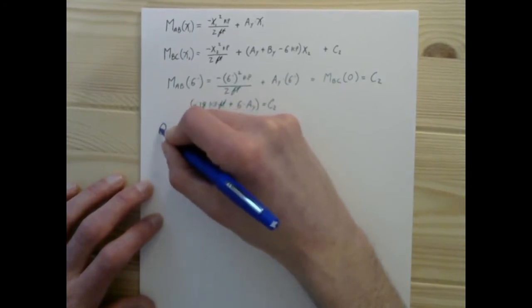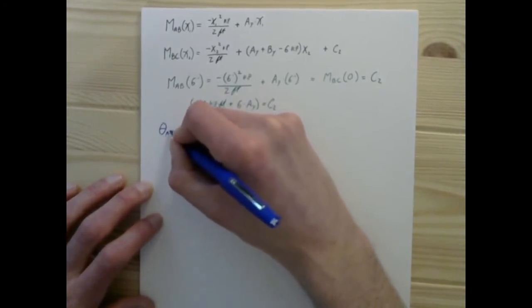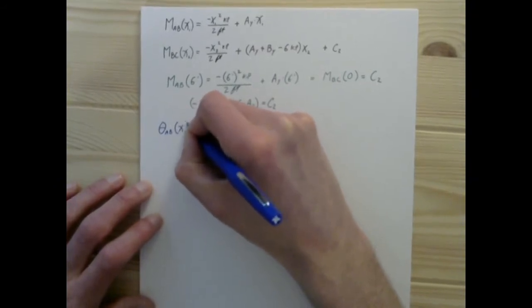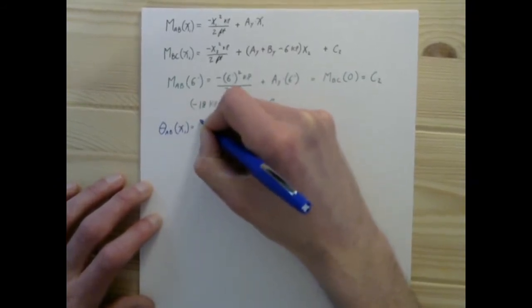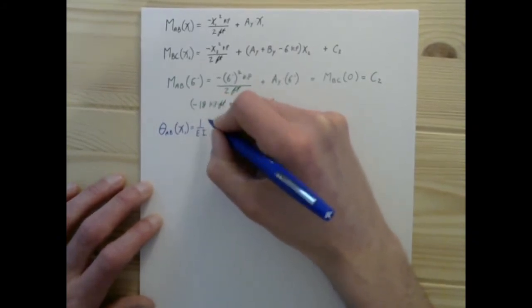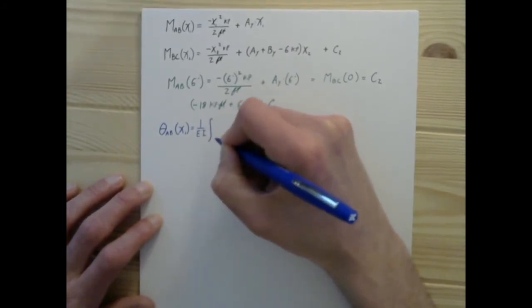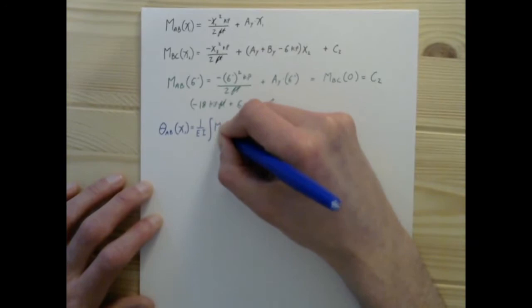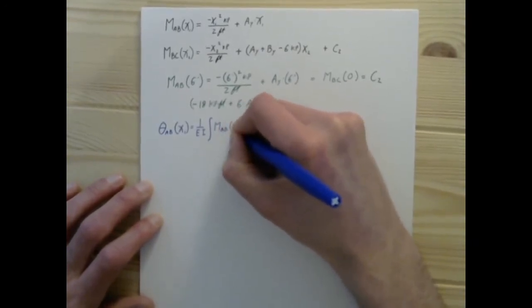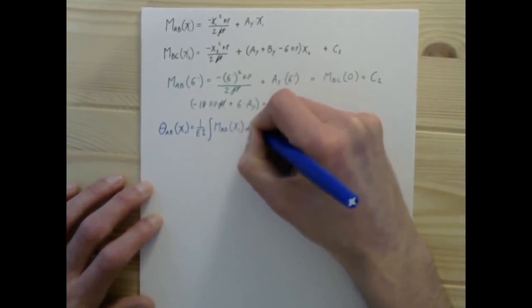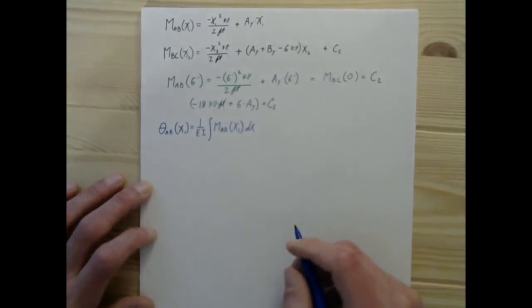The rotation function from A to B, a function of x1, is going to be 1 over the Young's modulus and the second moment of inertia times the integral of the moment function from A to B of x1 with respect to x.